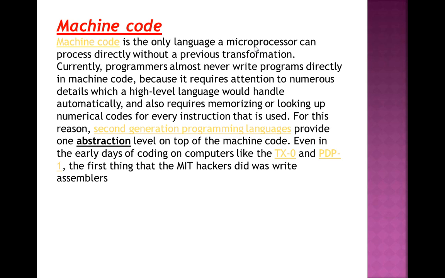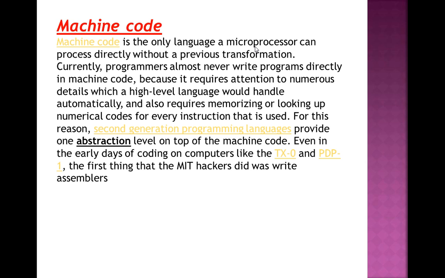each and everything manually. Even in the earlier days of coding on computers like the TX-0 and PDP-1, the first thing that the MIT hackers did was write an assembler. So machine level language individually does not solve the purpose of the programmer, but we have to use either assembly language, machine level language or high level language for writing the code, and then translate that code.